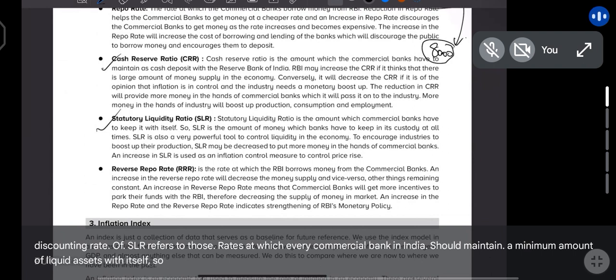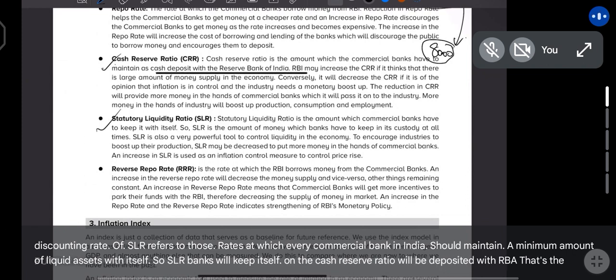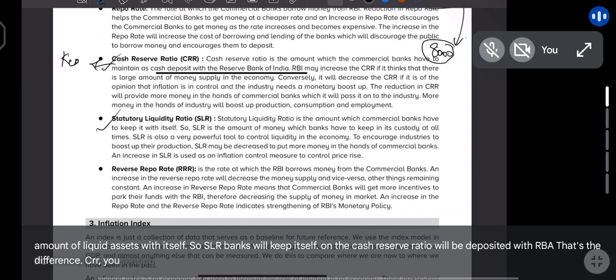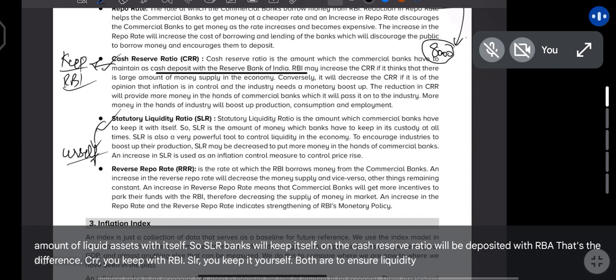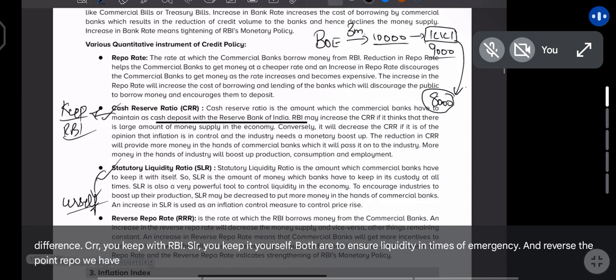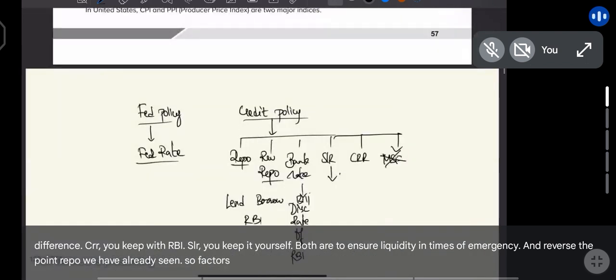So SLR banks will keep with themselves, and the cash reserve ratio will be deposited with RBI. That's the difference. CRR you keep with RBI. SLR you keep with yourself. Both are to ensure liquidity in times of emergency. And reverse repo we have already seen.